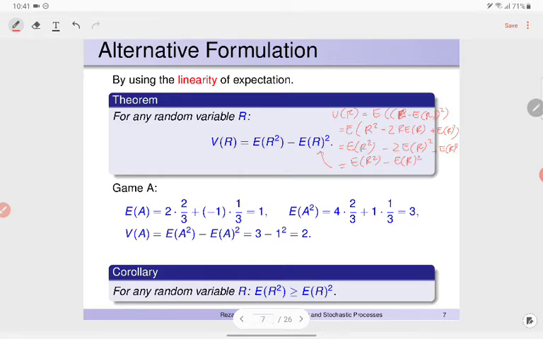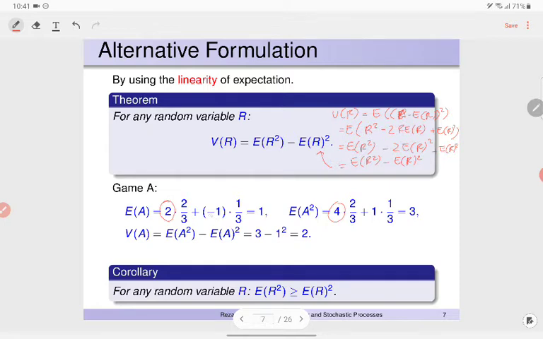For example, this allows us to compute the previous variance easily. If we know the expectation of A is equal to 1, then the expectation of A squared, just take these two and square them, so that means this is 4.